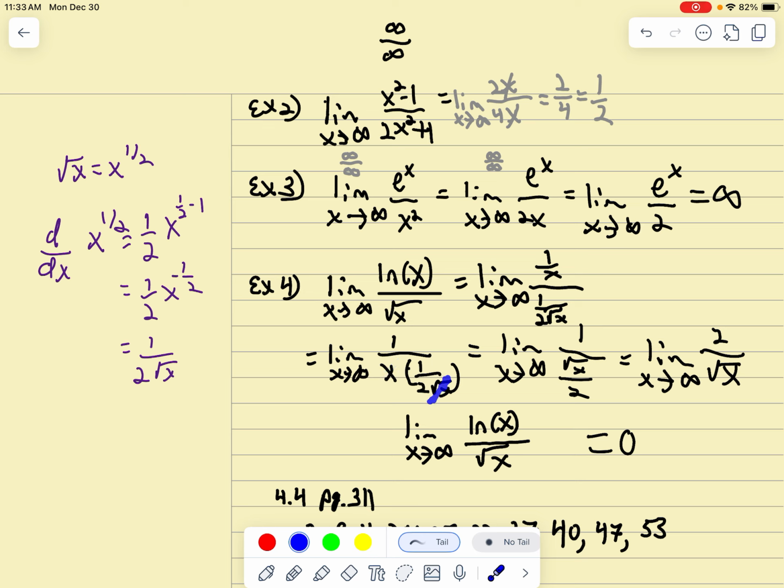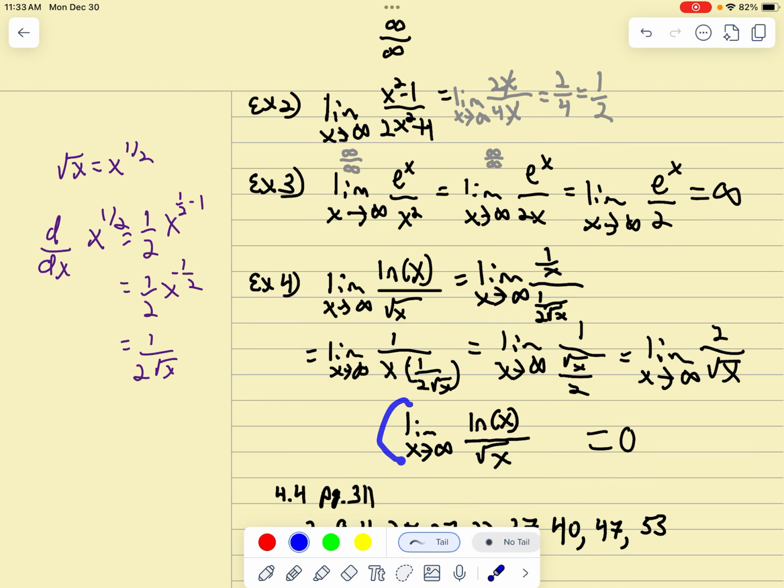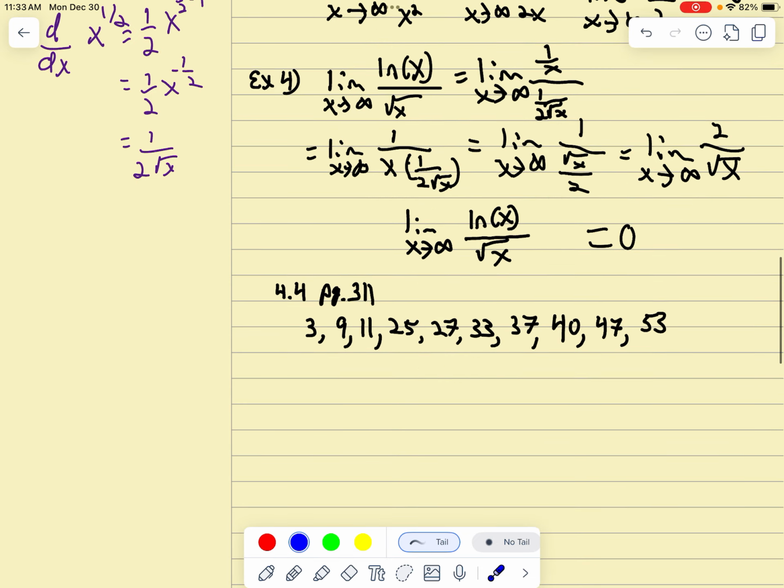The square root of x with x underneath gives you x to the 1/2 on top. That's how I got this, and then I flipped it upside down to get this. And now we can use direct substitution. We can plug infinity in. 2 divided by the square root of infinity is 0. And thus, the limit as x goes to infinity of ln of x over the square root of x is 0.